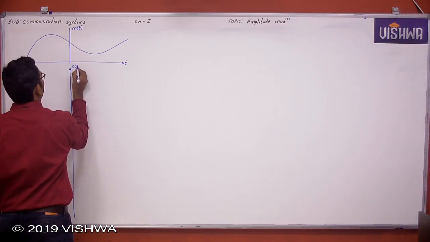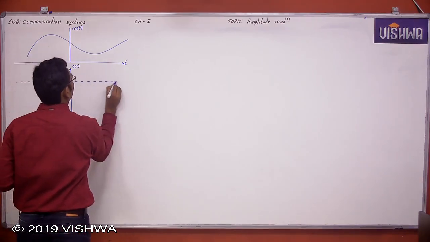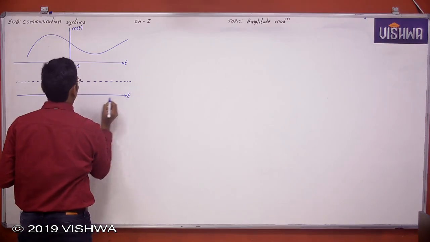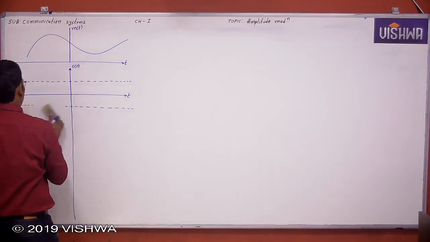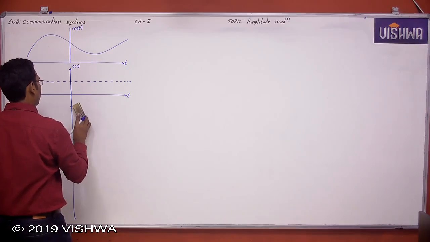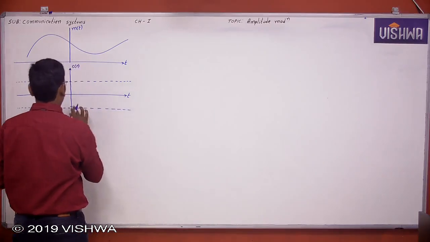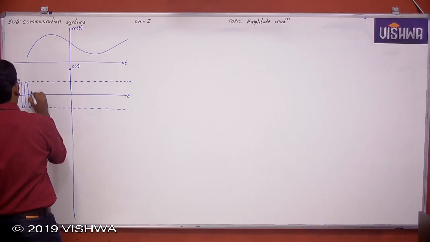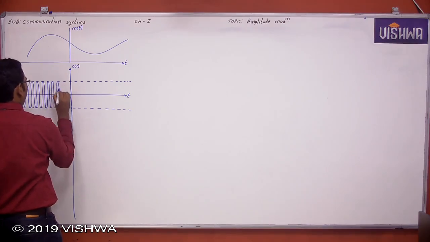Now this is the carrier signal, c(t). This is the high frequency signal, therefore the time period is very small and the frequency is very high.